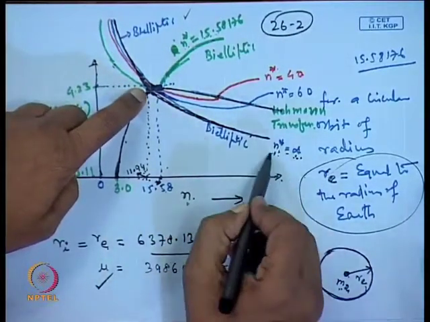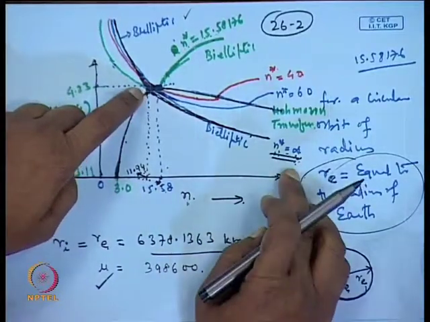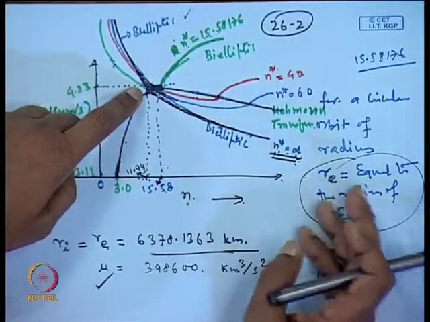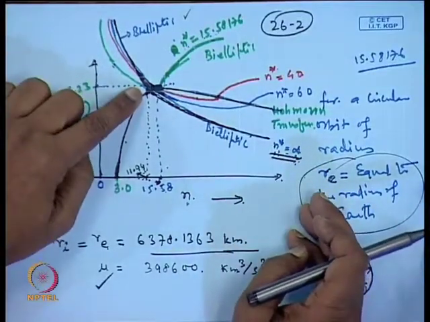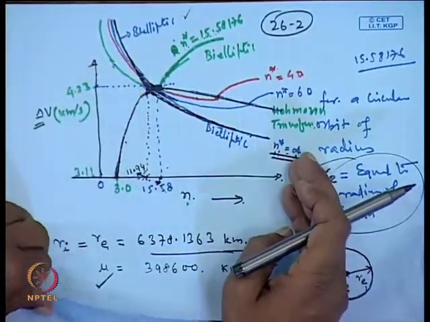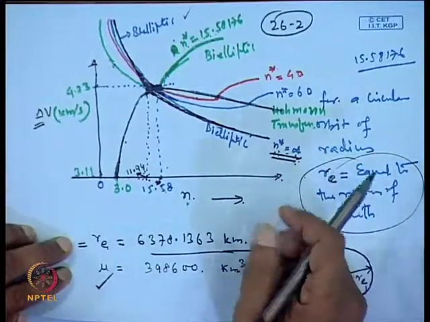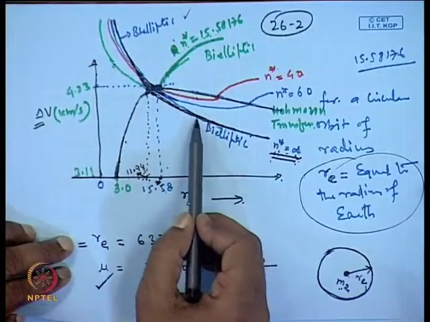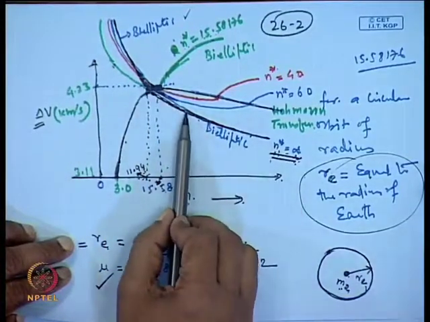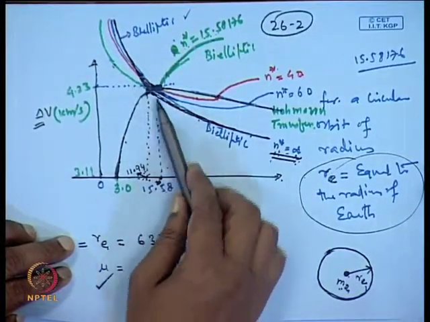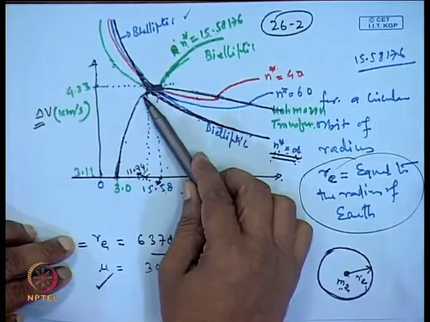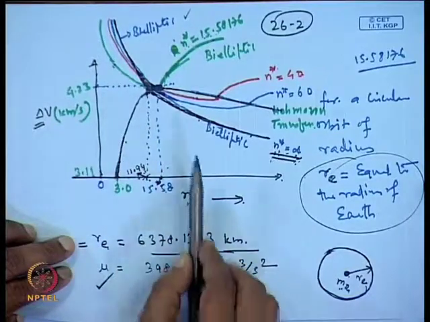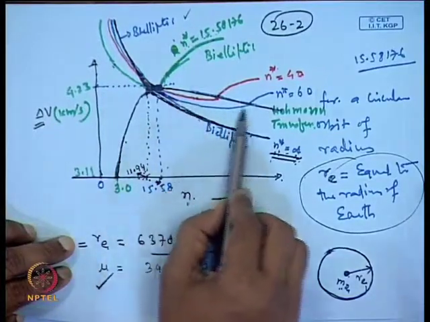which is corresponding to n star equal to infinity, and obviously if you try to choose n star equal to infinity, you know how time consuming it will become. If n star is infinity it means virtually infinite time you require to transfer. So, this is not possible, and we cannot consider that bielliptic transfer. So, ultimately the limit remains at this point that we go for the Hohmann transfer, and the rest of the others you can consider here.